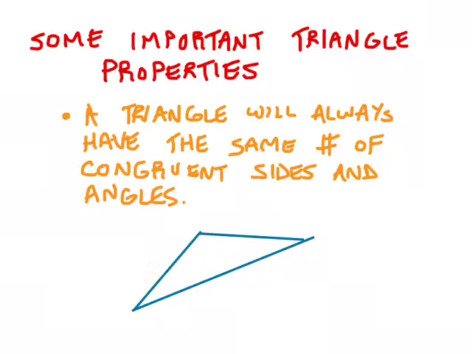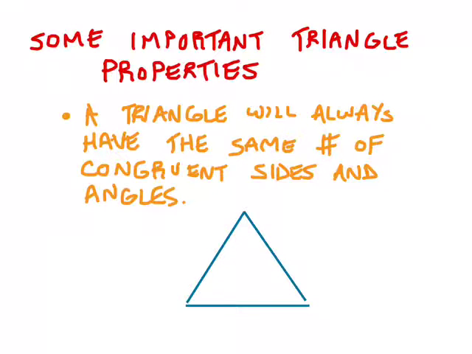Let's say, for example, that this is an isosceles triangle and that this side and this side are congruent to one another. They have the same length. Well, what we're going to find is that this angle and this angle will also be congruent to each other. So we'll have two congruent sides, two congruent angles.